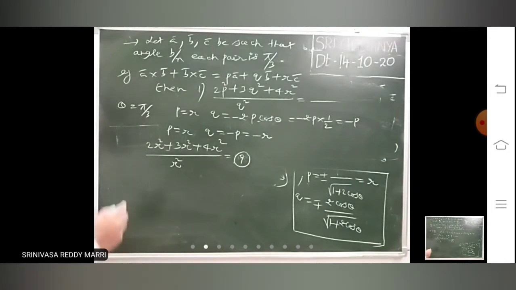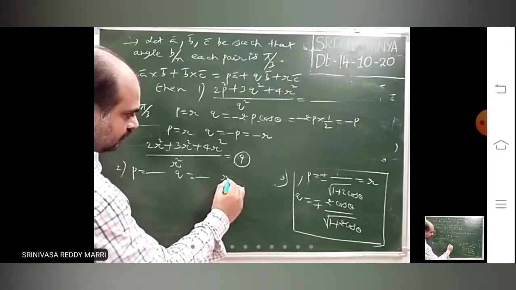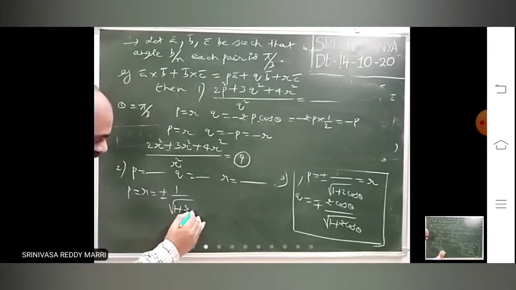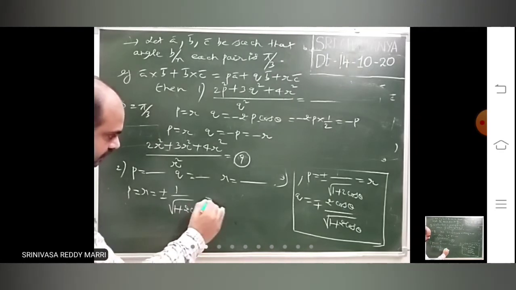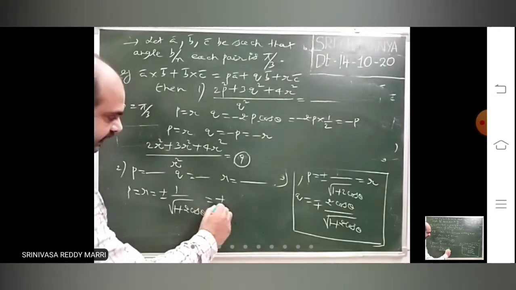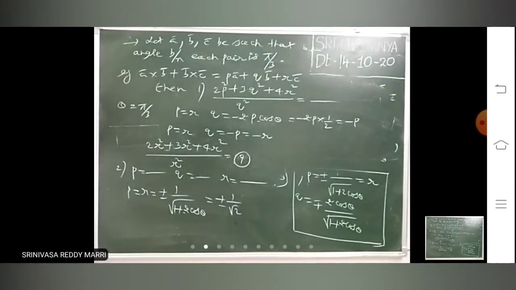Okay. First question, that is, these values you want. So values you want means the formula is there. P equal to R equal plus or minus. What is the formula? This theta is 60 degrees. If we substitute here, 2 into 1 by 2, 1. P and R are what? Values.